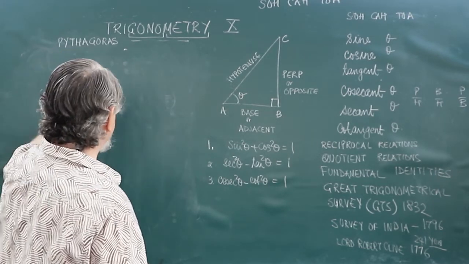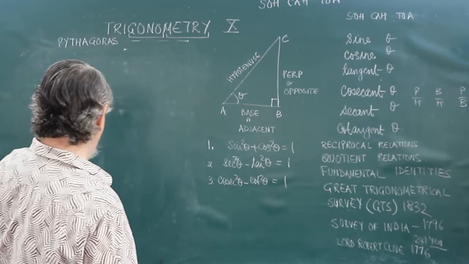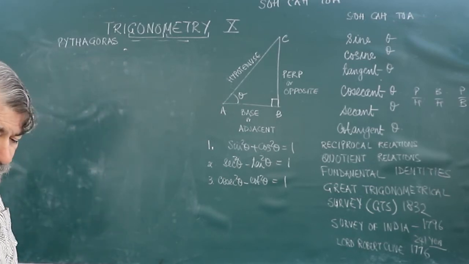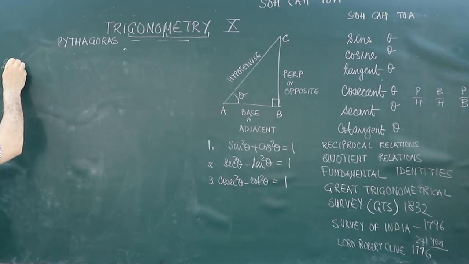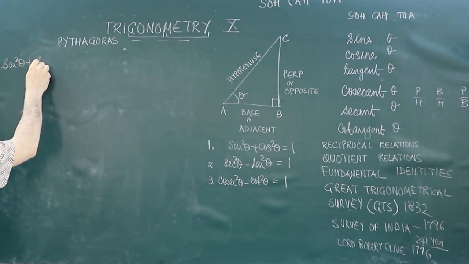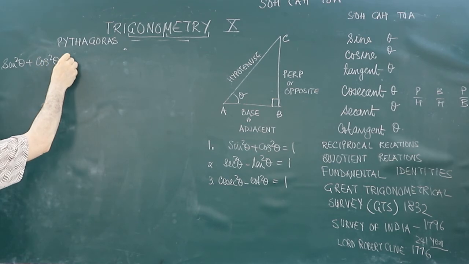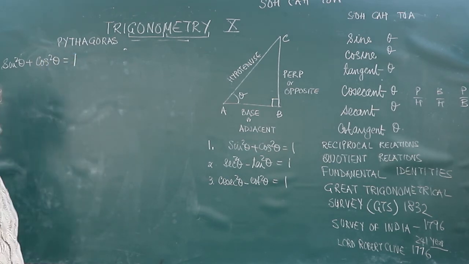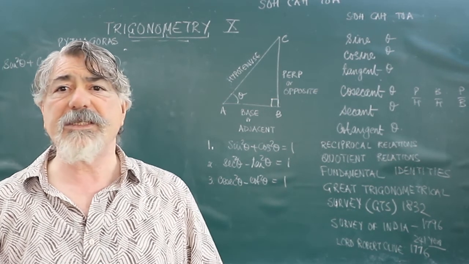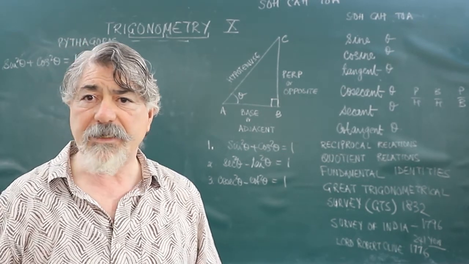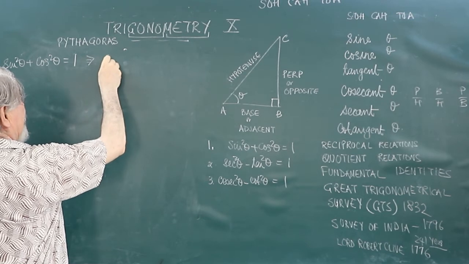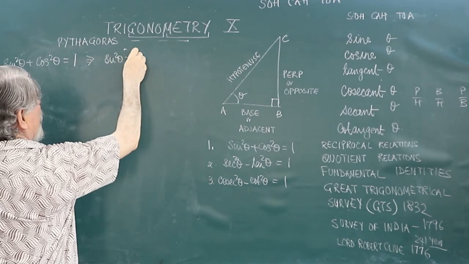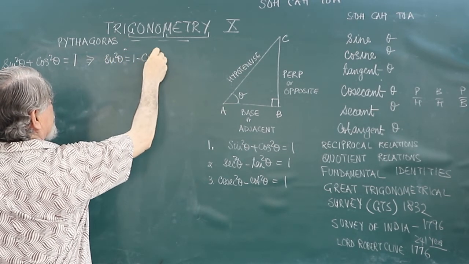It is just a question of changing the subject of the formula. The first statement is sin square theta plus cos square theta is equal to 1. Suppose I want to write sin square theta in terms of cos square theta. So I can write sin square theta is equal to 1 minus cos square theta.